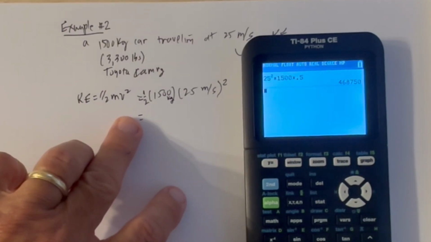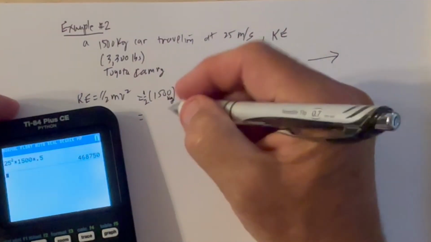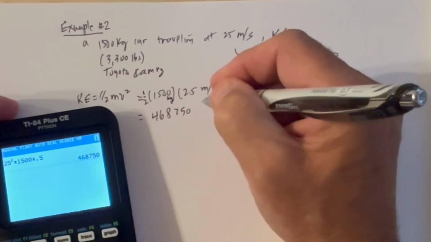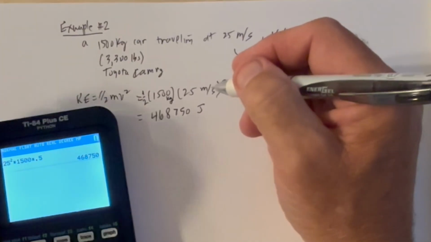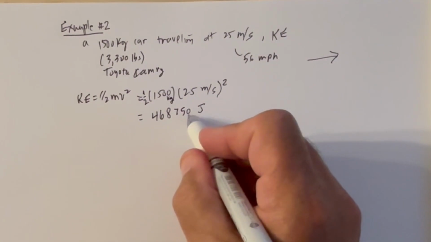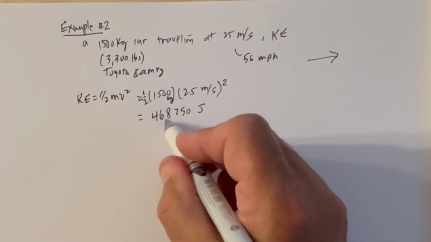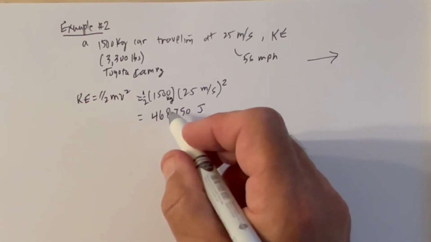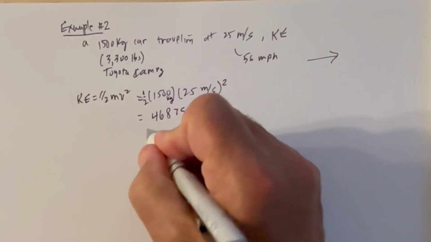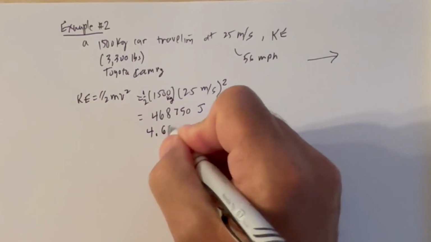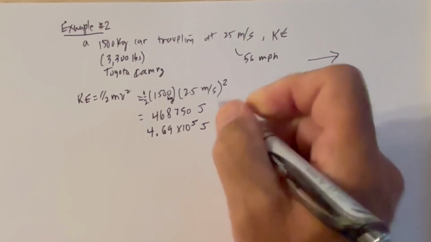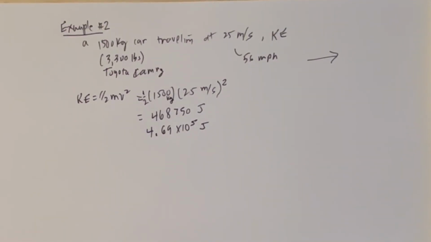Let's do an enter. We get 468,750. We don't need all those digits, but that's in units of joules. Converting that to scientific notation, that is 4.69 times 10 to the 5th joules.